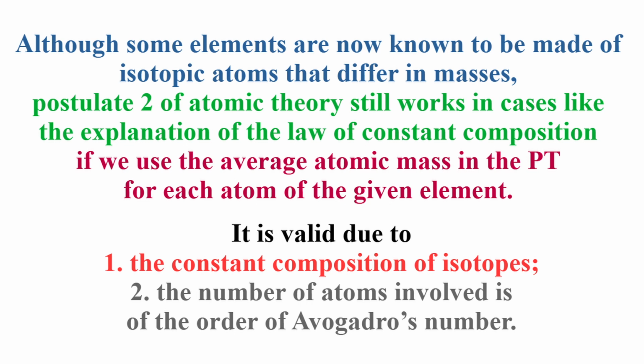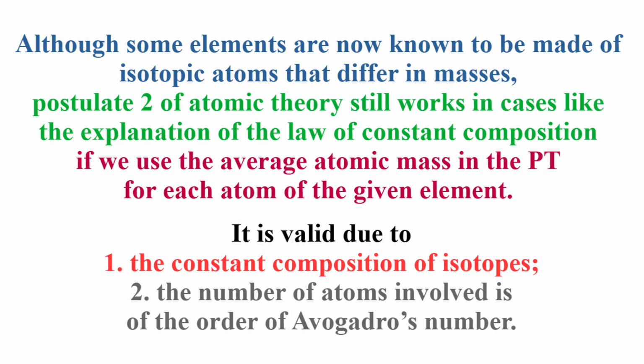One reason for this is the constant composition of the isotopes and therefore the average being a constant. The second reason is statistical. If we happen to deal with a small number of atoms, there would be no guarantee that the collection would have the same composition that we know of.